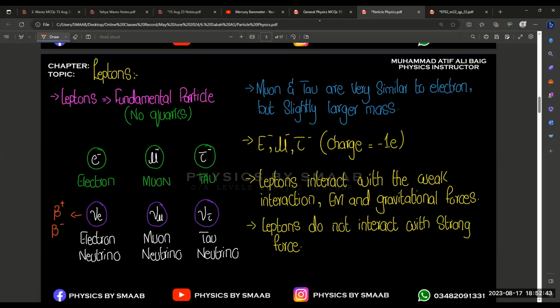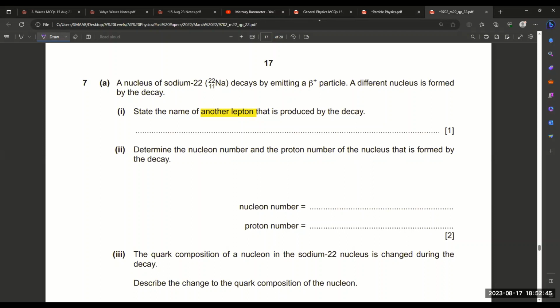So now you can see that the exam is also asking about the name, but for that you need to know the whole structure and concept related to those particles. So in this we can say that it is the electron neutrino.